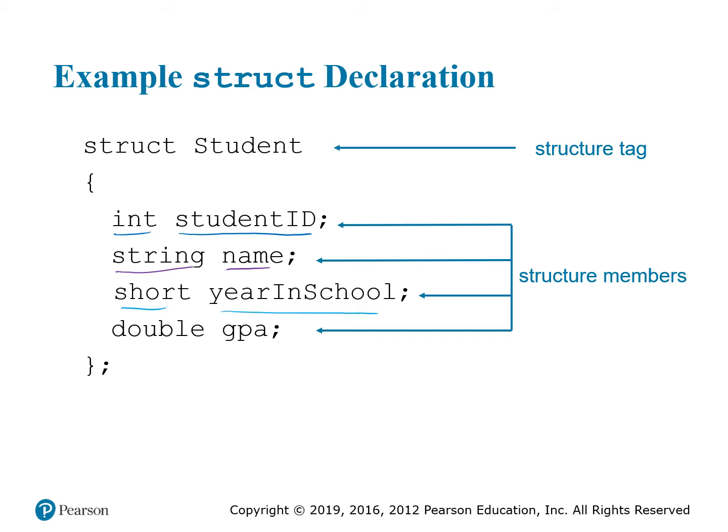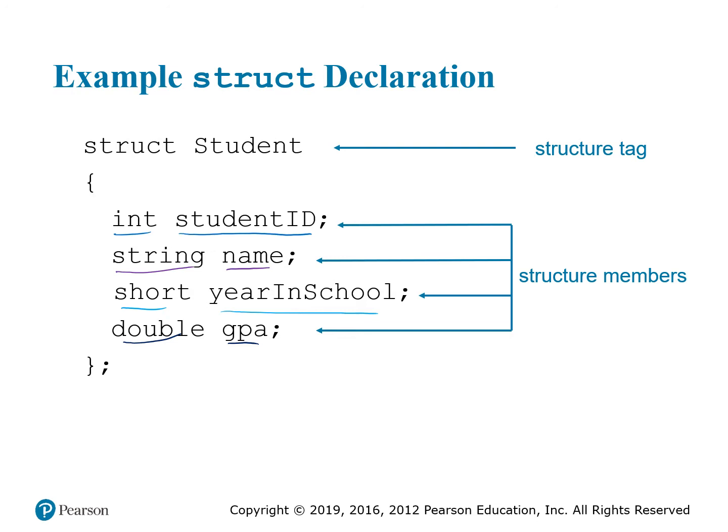You don't need a whole integer for that. And then we might have something completely different, a double GPA. Okay, each one of those takes up a space in memory.